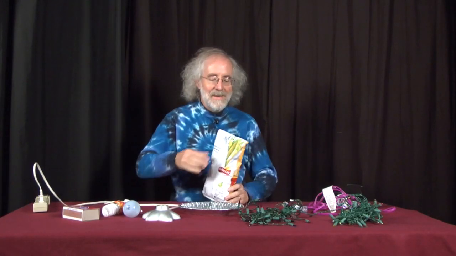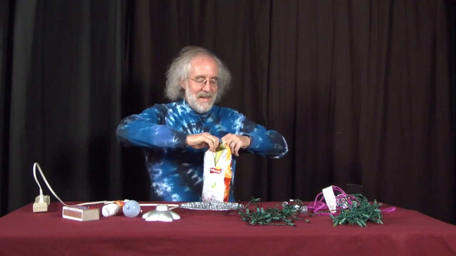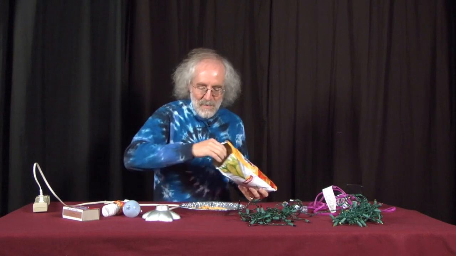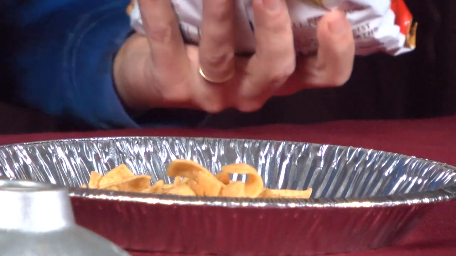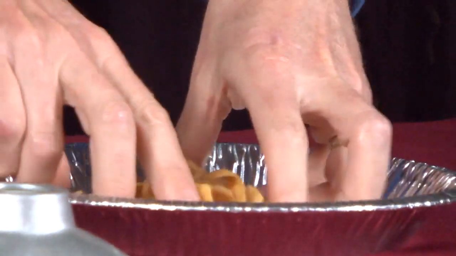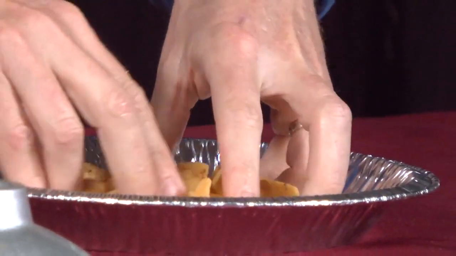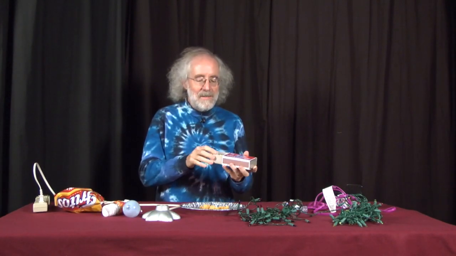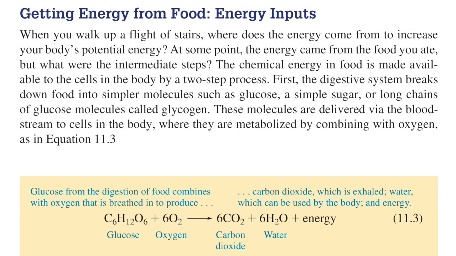Well, originally, measurements of this energy in food were made by burning. I'm going to take out approximately 32 chips. And if I take my 32 chips and put them in a pile, I can light them on fire. And this is exactly the chemical reaction that your body uses. When you eat food, you oxidize it, and when you oxidize it, you extract energy from it.